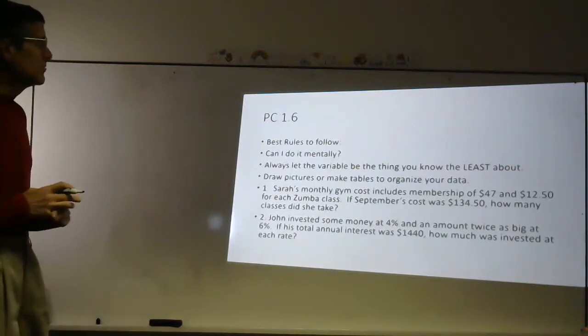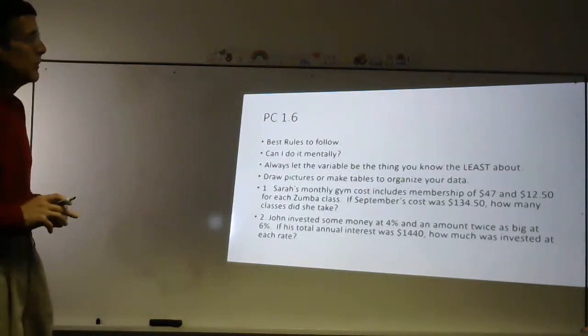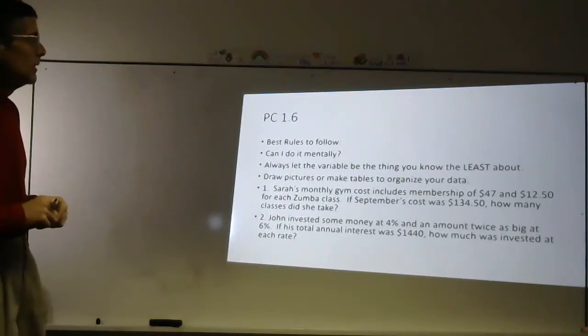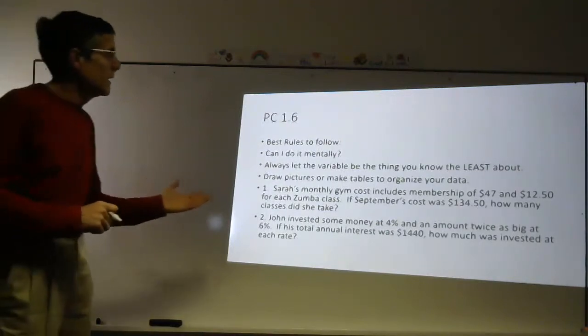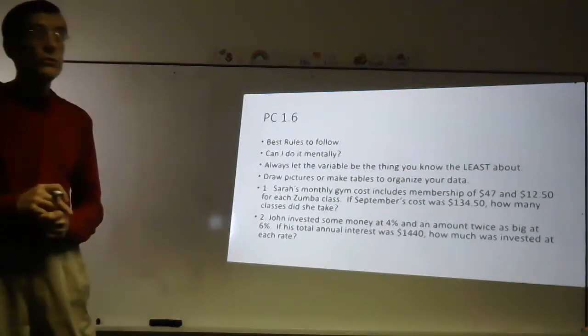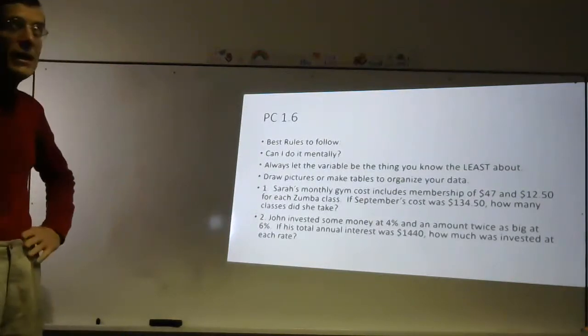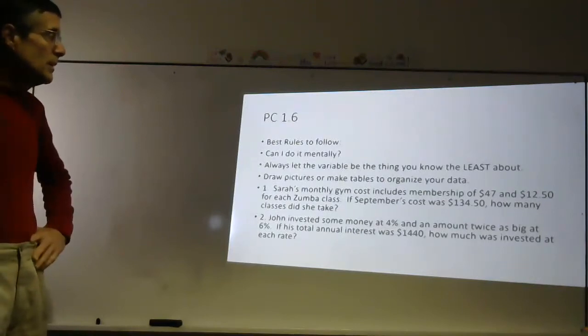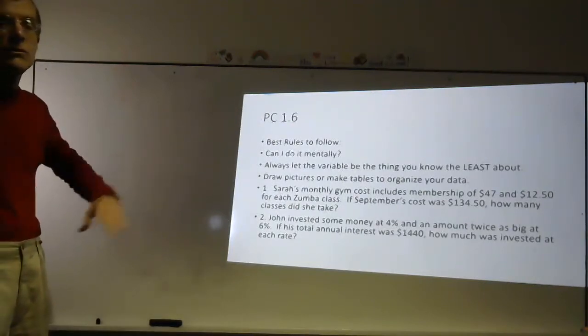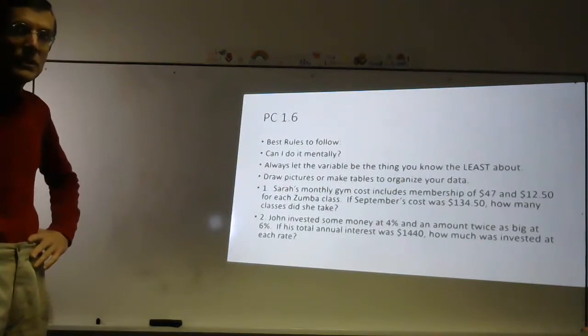All right, number one. Sarah's monthly gym cost includes membership, $47, and $12.50 for each Zumba class. If her September's cost was $134.50, how many classes did she take? The Zumba classes. This is a classic problem for doing in your head, okay?